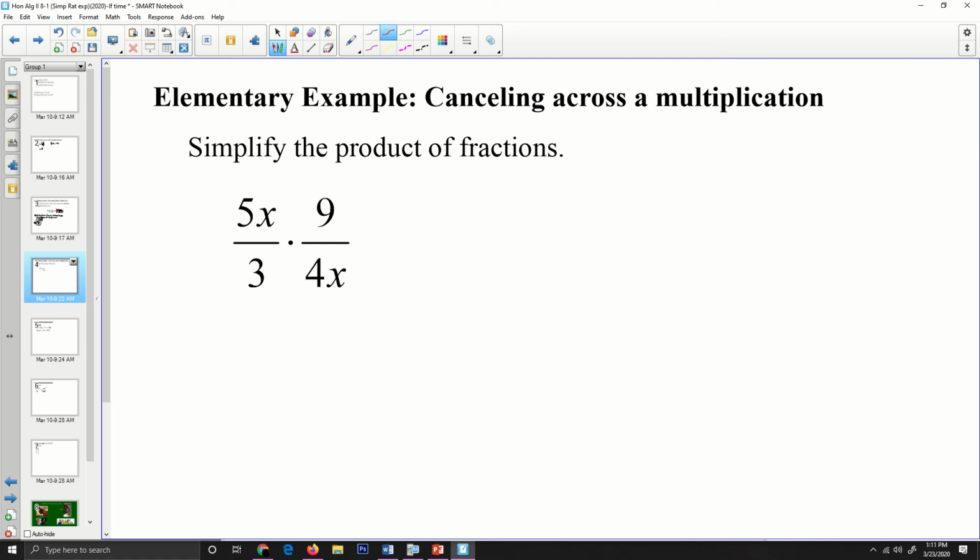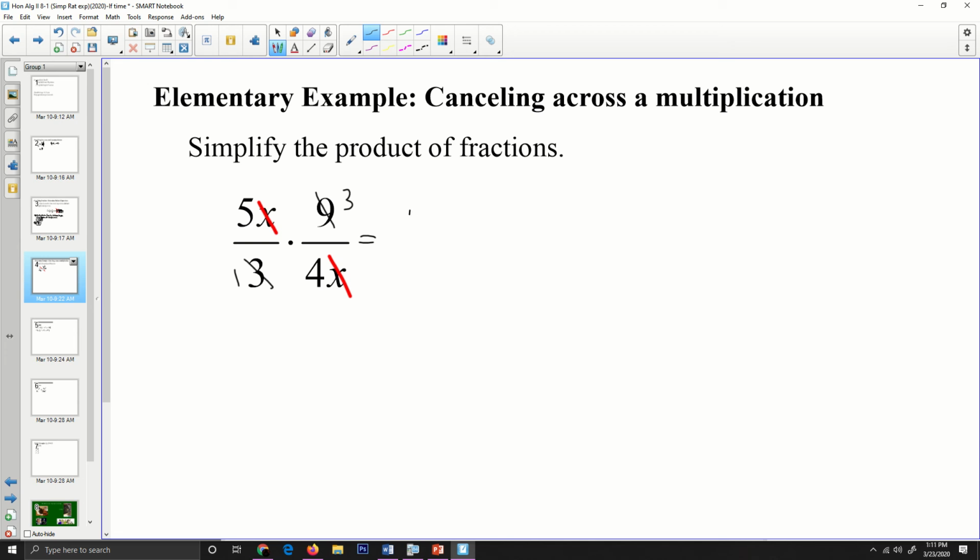So I can cancel out that x in both of those terms. I also notice that I can cancel out a factor of 3 in those two values. So 3 divided by 3 is 1, and 9 divided by 3 is 3. And now by canceling at the beginning, I'll make this multiplication a lot easier.